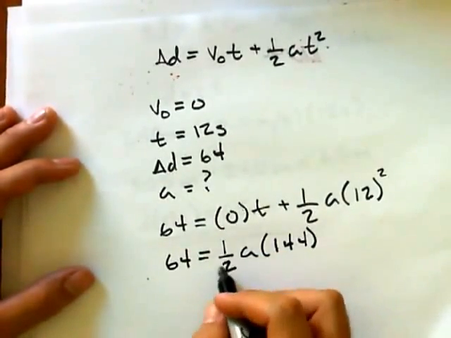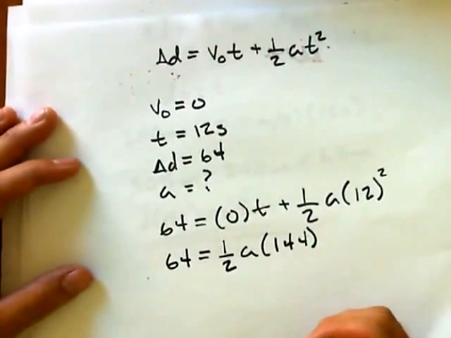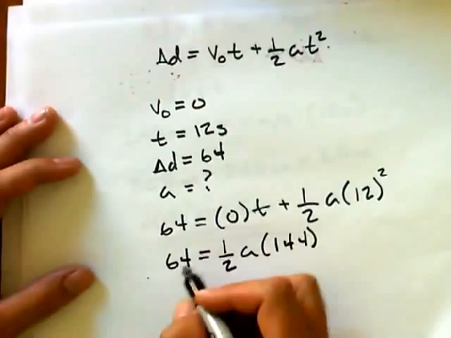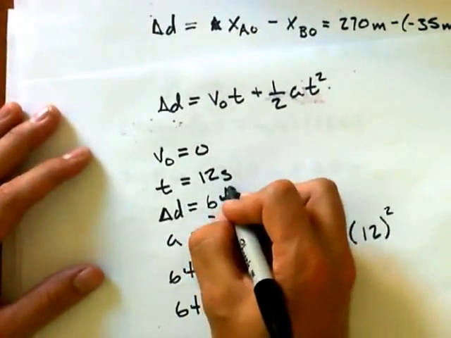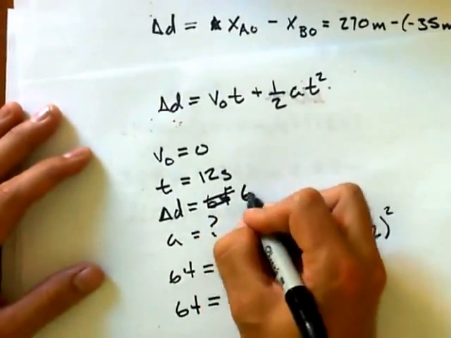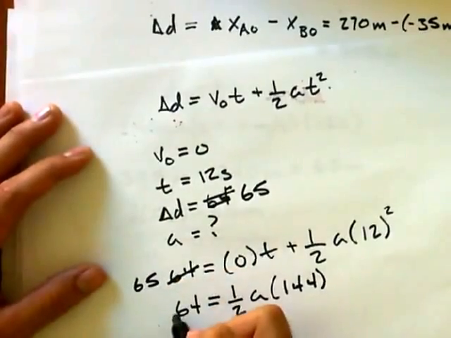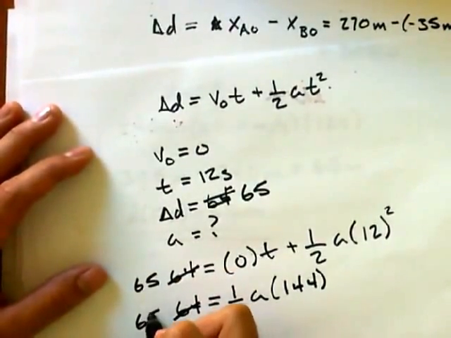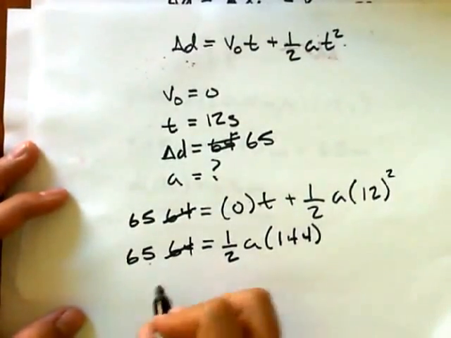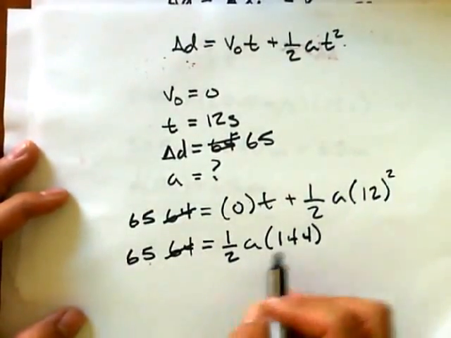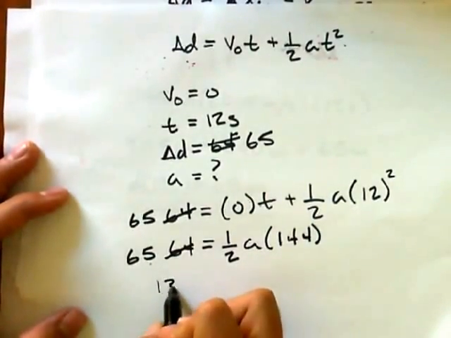Okay, now I'm going to multiply each side by 2 so I can get rid of the fraction. Alright, so 65 times 2, or I screwed this up, it's 65, I'm sorry. That's fine. Bet you guys are wondering what was going on here. 65, let's fix that. Okay, so we have 65 times 2 to get rid of that 2, equals 130.